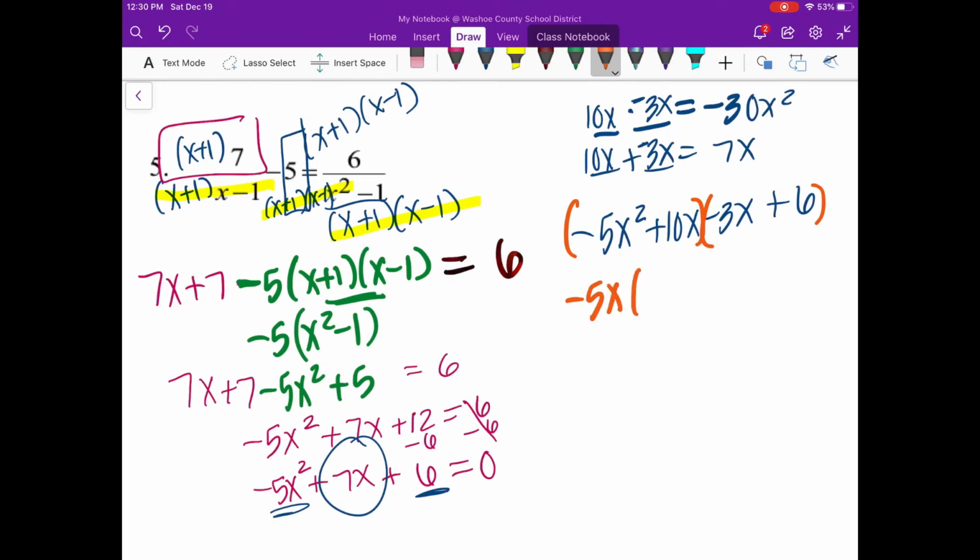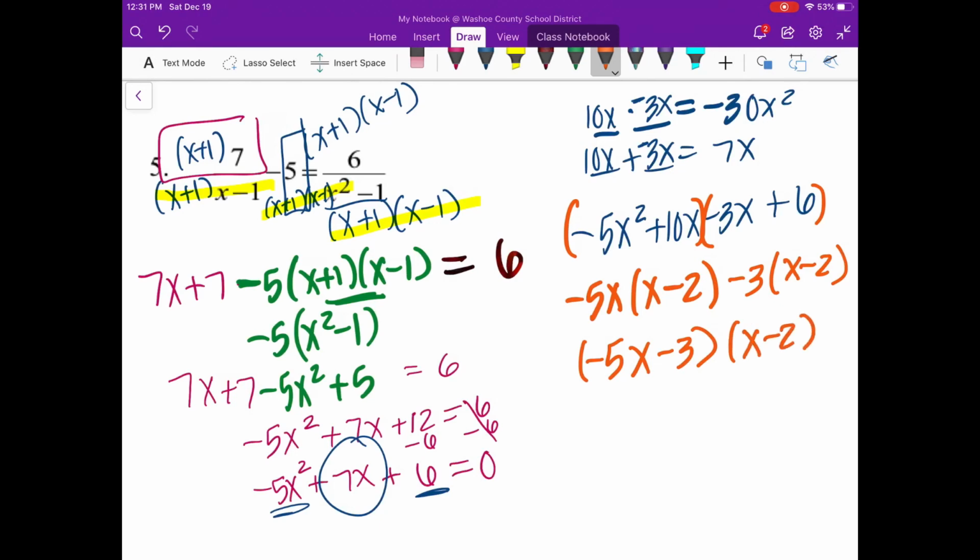For the first two terms, I can take out a negative 5x, leaving me with x minus 2 on the inside. For the second one, I can take out a negative 3, leaving me with x minus 2 on the inside. So this factors out to negative 5x minus 3 and then x minus 2.